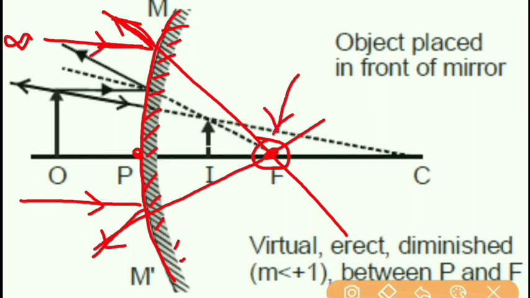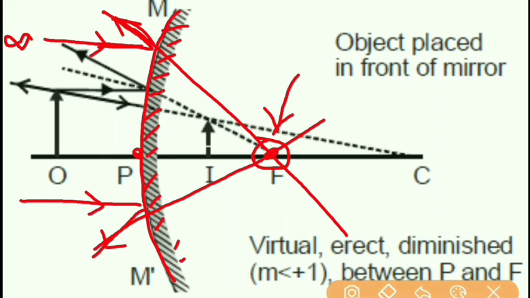and so we can say that the image is formed at point F. This is the same case as that of the concave mirror, but the difference is that here the actual rays do not meet. The reflected rays, when extended backward, meet at this point.